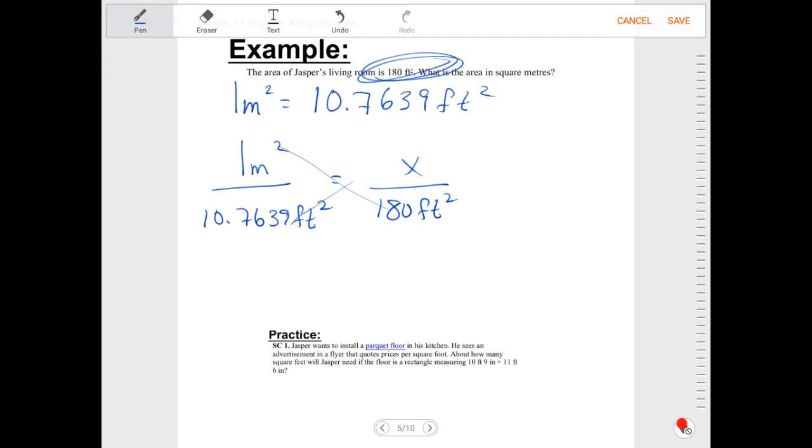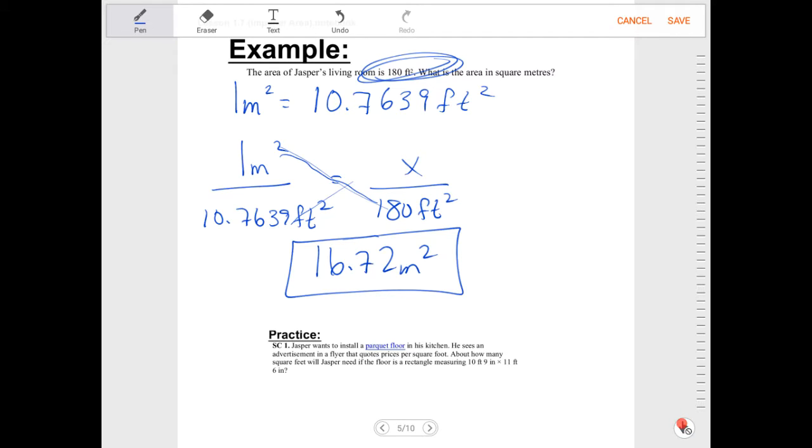So to figure out your answer, you go 180 times 1, hit enter, which of course is 180, and then divide that by the 10.7639, and that will give you an answer of 16.72 meters squared.